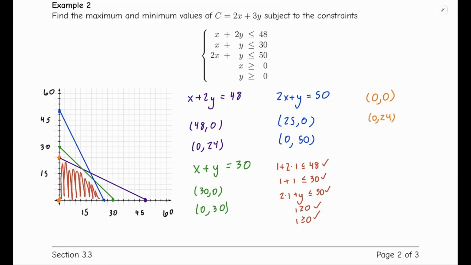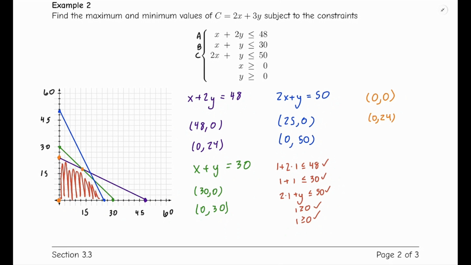Now this point is the intersection of the purple and green line. So I actually have to go through that and solve it. So let me go through and do that. If I label these A, B, C, I'm just going to do elimination. So A and B are the purple and green.